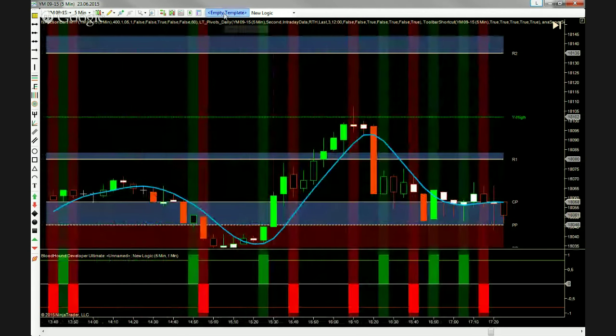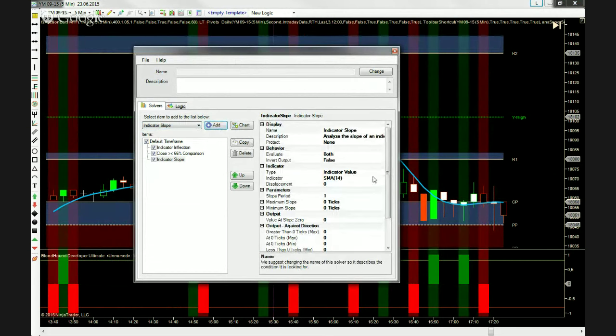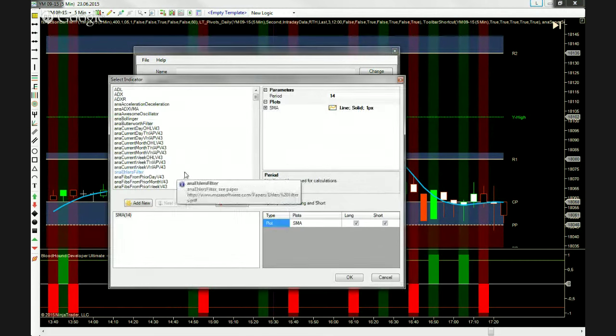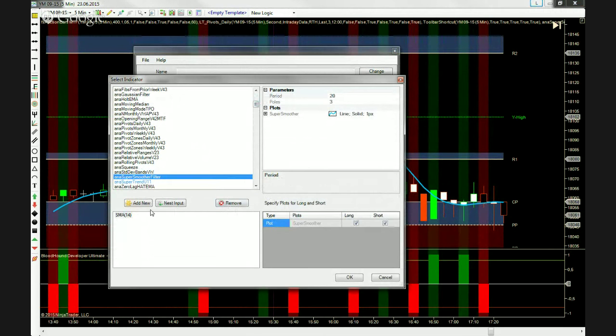So we go into our template again here, and the indicator slope solver is going to be the one that we'll work with. And let's go in here and choose the same slope that we put on the chart. So that's a super smoother, and add.